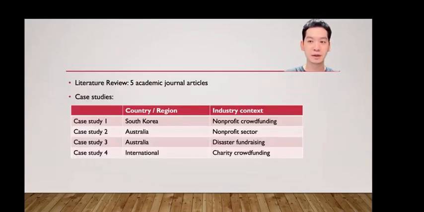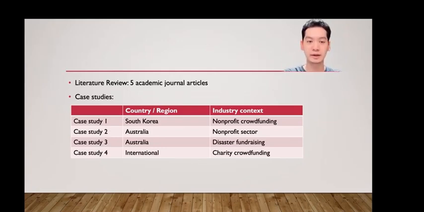For the literature review, I selected 5 academic journal articles to identify the fundamental theoretical framework of donor motivation and behavior, which could be used to support further research. Besides that, I also found 4 case studies to provide practical evidence to support the theoretical findings.